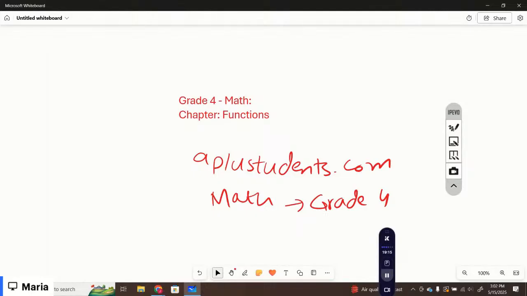Here you can find the list of chapters. We're going to start with the chapter functions.